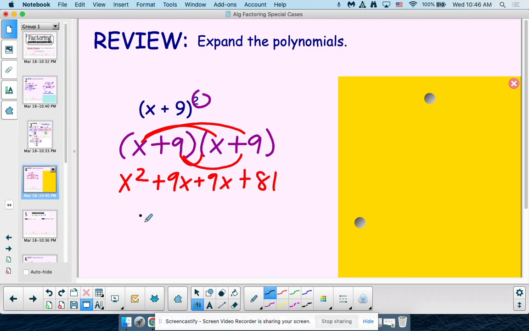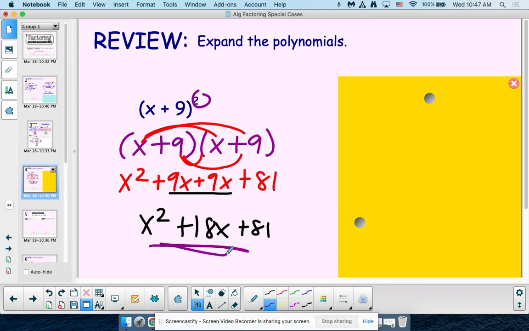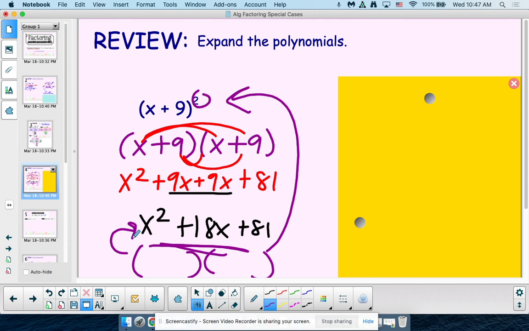Combining like terms, x squared, 9x plus 9x is 18x, plus 81. So we're going to go backwards now. We're going to start here and end up over here. We're going to find two binomials that are identical to get to our trinomial, okay?